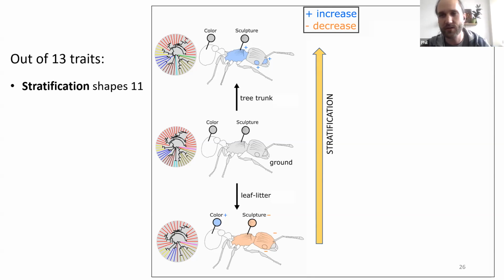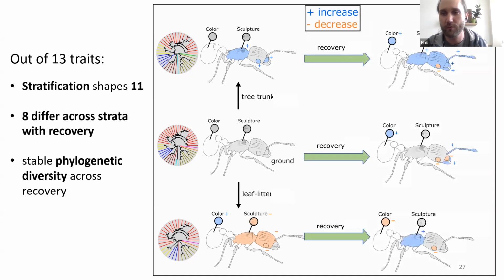We also see differences in the phylogeny. I made little genus-level phylogenies for each of them based on previously published data by Economo et al. And now let's look at each of the strata, and what happens if we take recovery into account. You can go from each stratum to the right-hand side, and you see colored which traits are changing in each stratum.